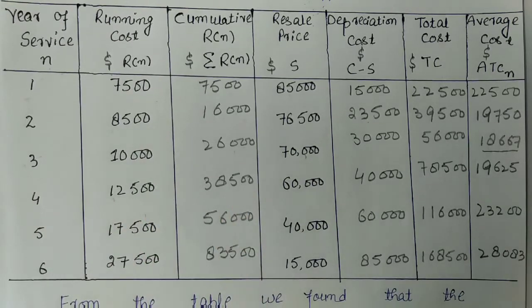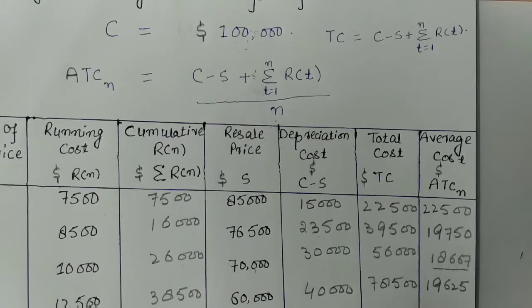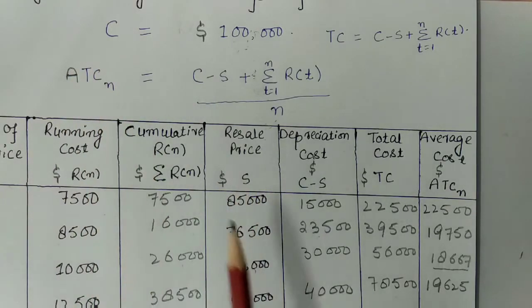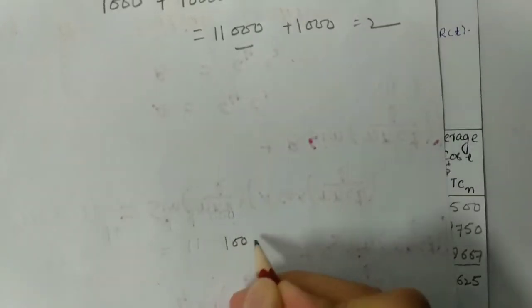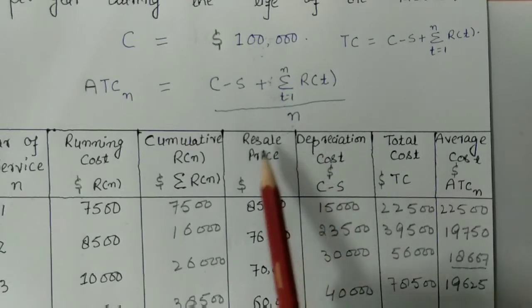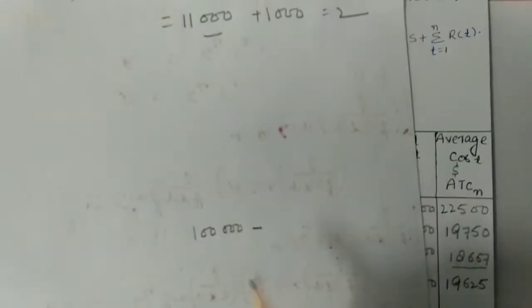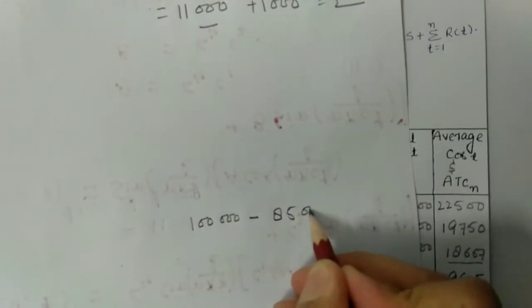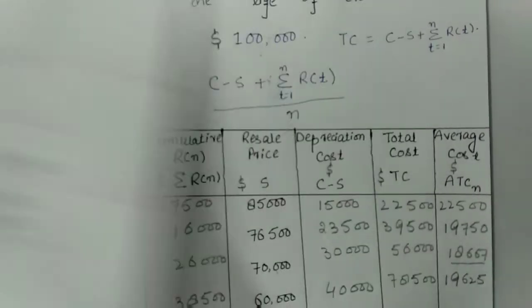After that, the depreciation cost. The depreciation cost is found by subtracting the resale price from the cost. Here the cost is 100,000, so $100,000 minus S. The depreciation cost is calculated as C minus S. Now S is given as 85,000, so it becomes 15,000.